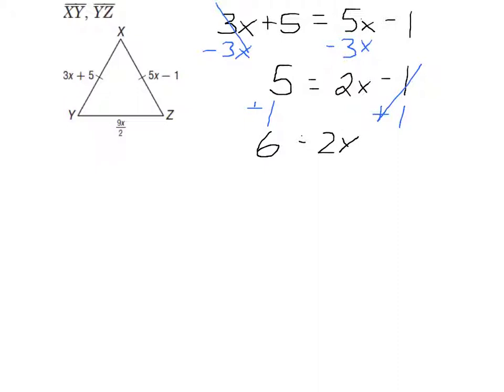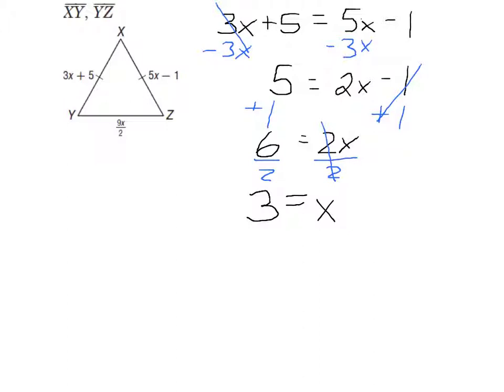Now, the last step to each equation, whenever you get rid of the number that's in front of the variable, in other words, I want to get rid of the 2 that's in front of the x, I'm going to divide, because 2x means 2 times x. So divide both sides by 2. That eliminates just the 2 on the right side, leaving me with just x. Now it doesn't matter if x ends up on the right or the left. 6 divided by 2 is 3. So x is equal to 3.